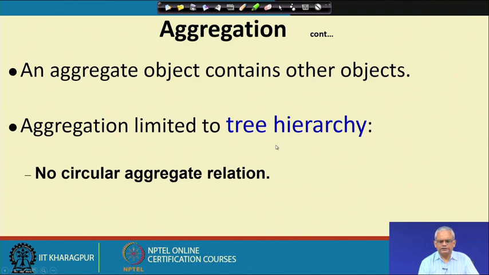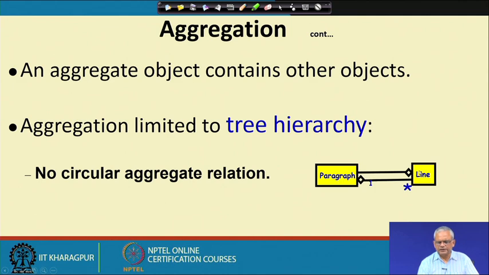The aggregation is typically a tree hierarchy, and no circular aggregate relation is possible. Like a paragraph contains many lines, but at the same time a line cannot contain many paragraphs. This is a wrong aggregation relationship, it will have no implementation.